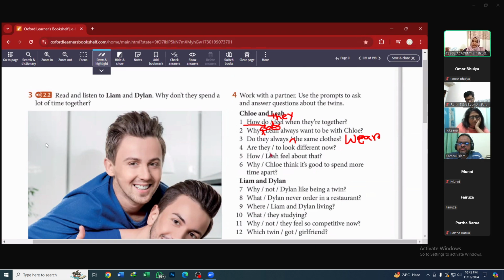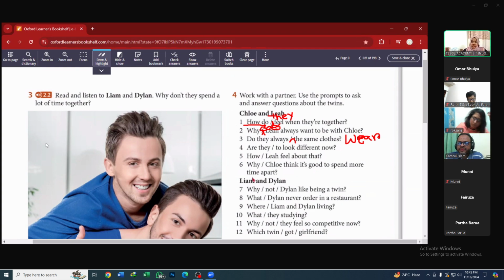What about Mr. Partho? Number four? Are they looking to look different now? Does it make sense? No, no. What about Mr. Kamrul? Can you try? Mr. Kamrul, we cannot hear you, sir. Yes, it's very low.